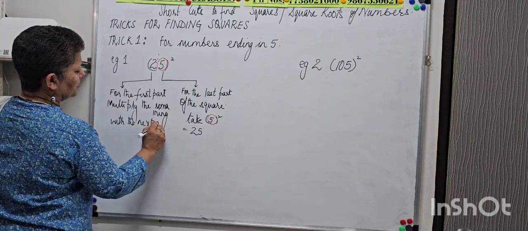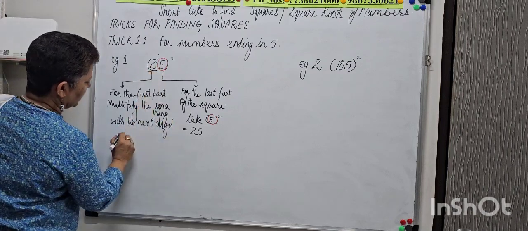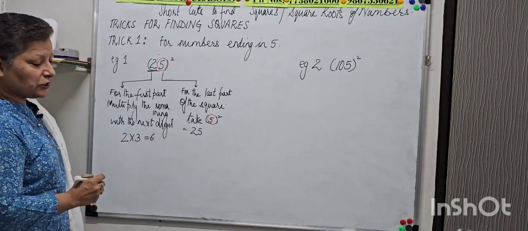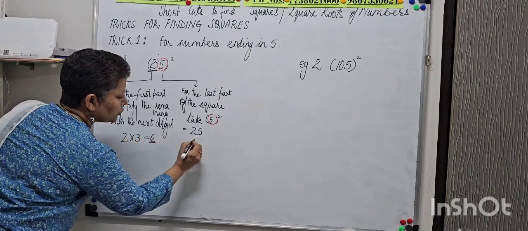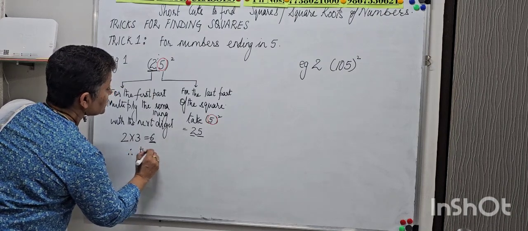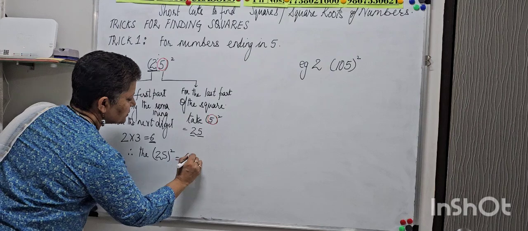Here the remaining number is 2. I multiply it with the next digit, which is 3, and I get 6. So what is my square going to be? The square is going to be 625. Therefore, the square of 25 is going to be 625.